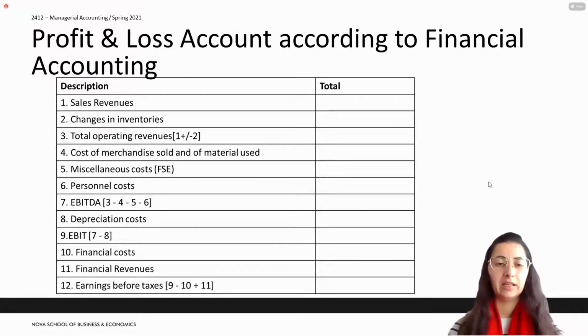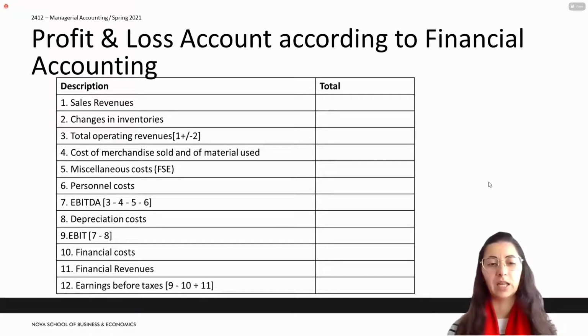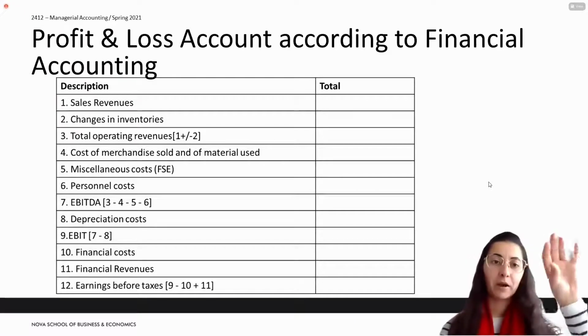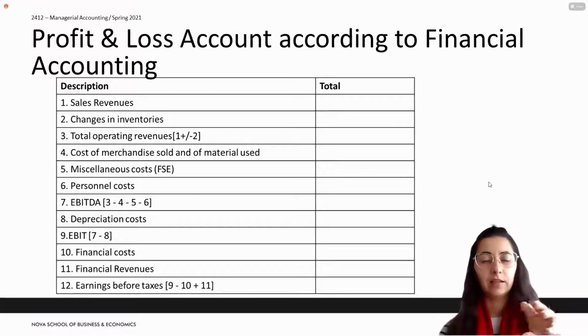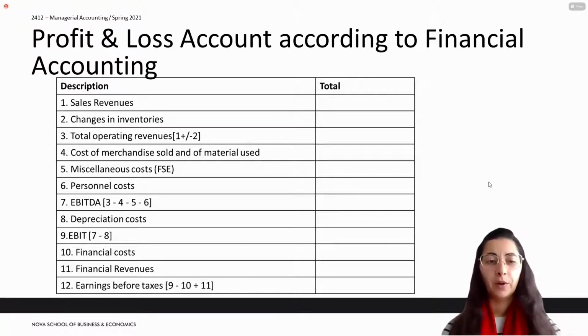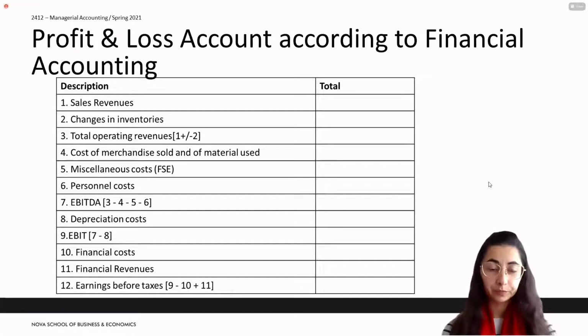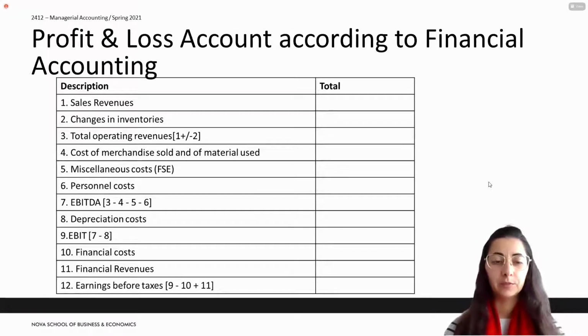Then we have miscellaneous, personal costs, depreciation, etc. When we look at all of these items, for instance personal costs, some of them are manufacturing, others are selling, others are administrative. Part of the materials used is part of how we calculate the cost of goods manufactured.